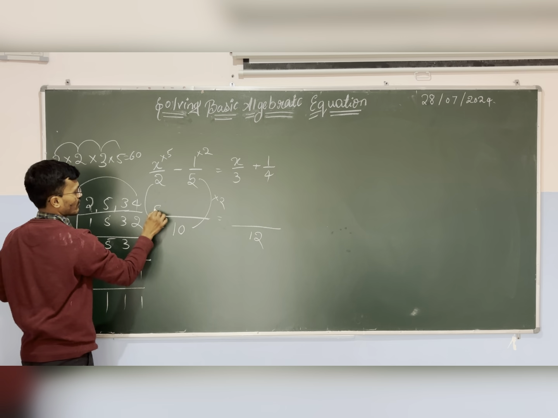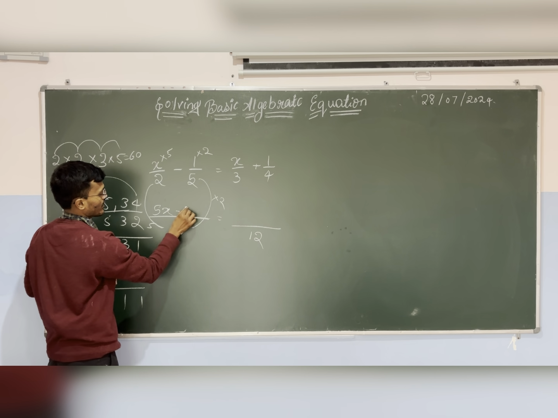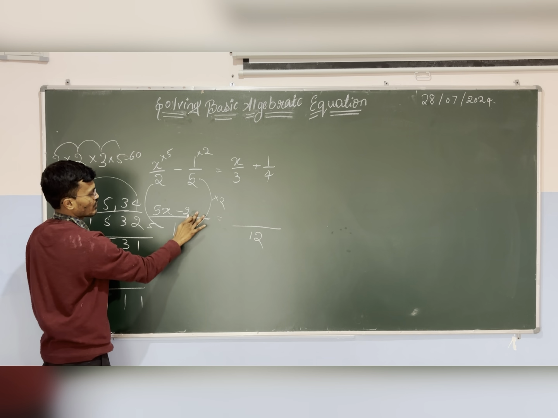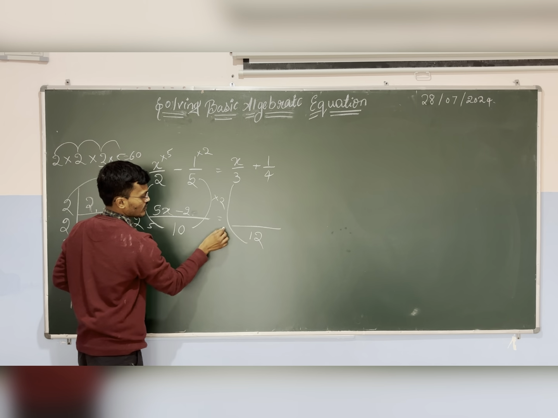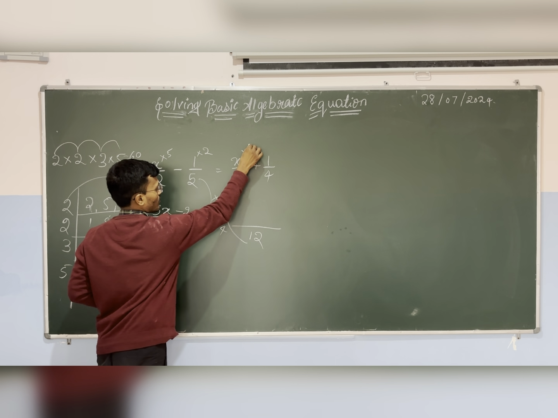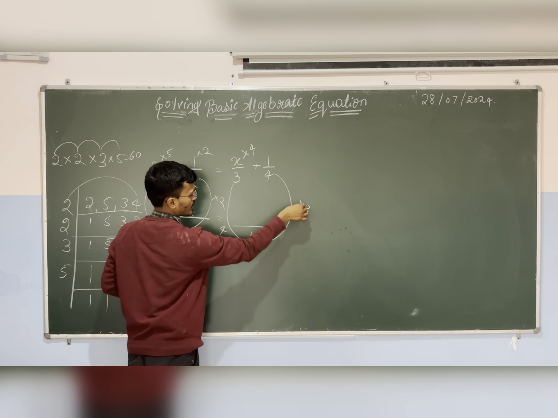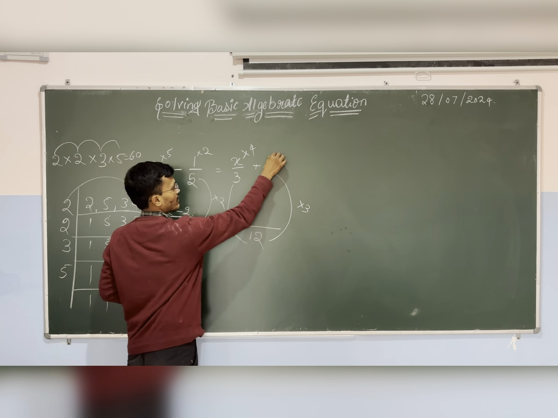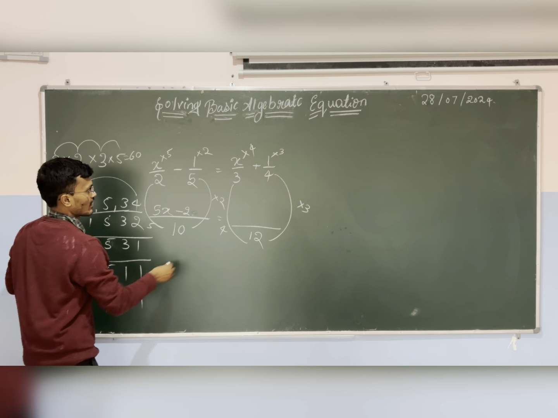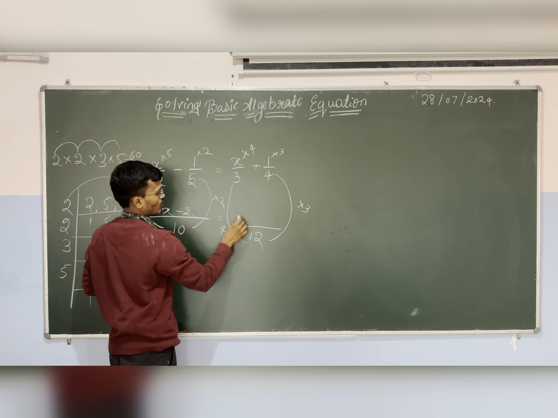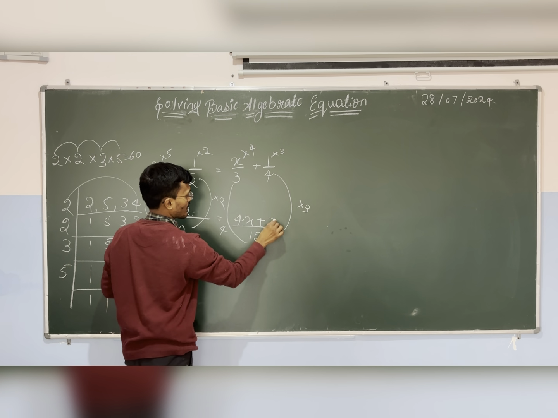X into 5, 5x, and 1 into 2, minus 2x minus 2. Here also there is a 4, I mean 3 fours are 12, into 4. 4 threes are 12, and put a 3, I mean into 3. So x into 4, 4x, plus 1 into 3, 3.